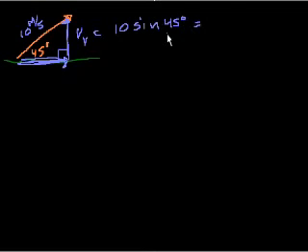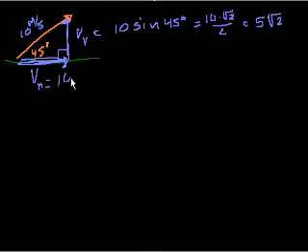And that equals what? What's sine of 45 degrees? That's square root of 2 over 2. So that's 10 times square root of 2 over 2, which equals 5 square roots of 2. Right? And the horizontal component of my velocity is 10 cosine 45 degrees.